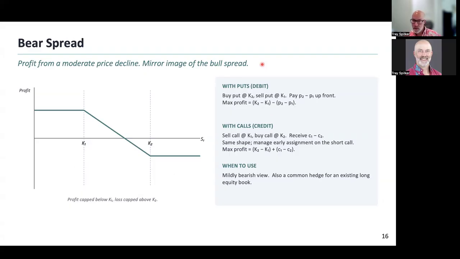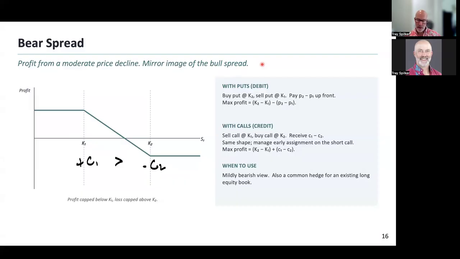Now, you can do this also with call options, right? With calls, we end up selling the call at K1, and so we earn C1, as it were. And then we buy a call option at K2 and we pay C2. Of course, we know that the option that we sold has a greater price with the lower strike price for a call option.